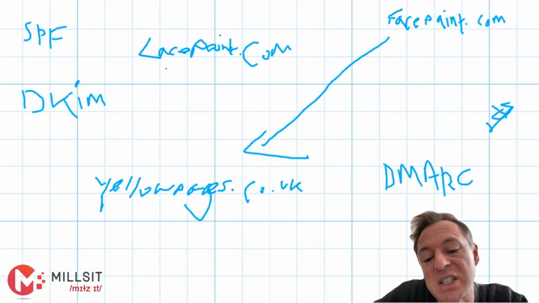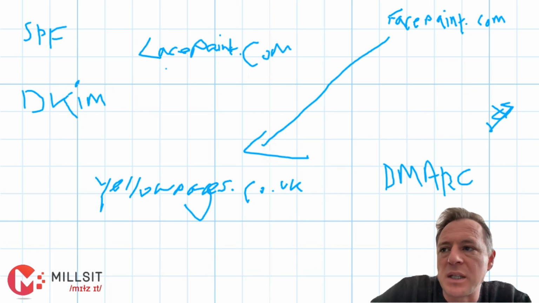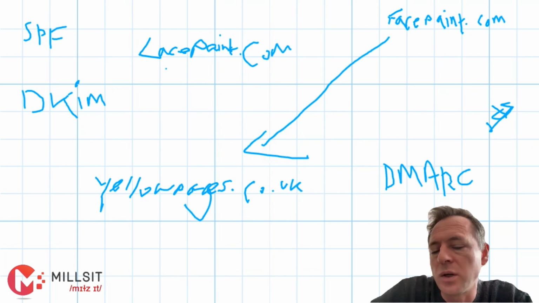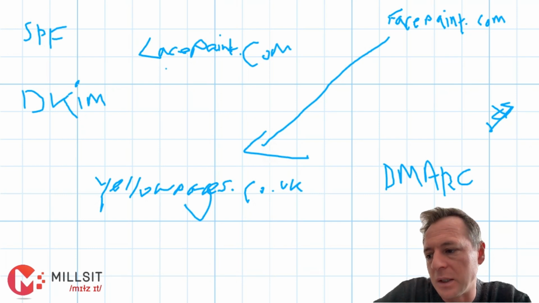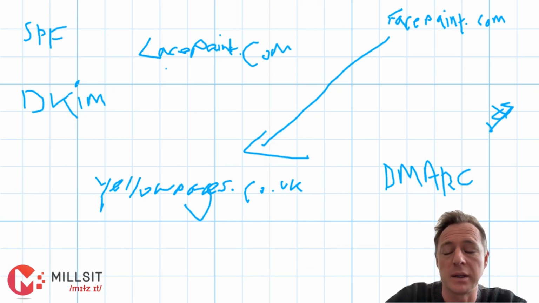Sounds like face paint, doesn't it? But it starts with an L. The thing about domain names these days is that you can register almost any domain name, and you could potentially register a domain name to make it sound like another.